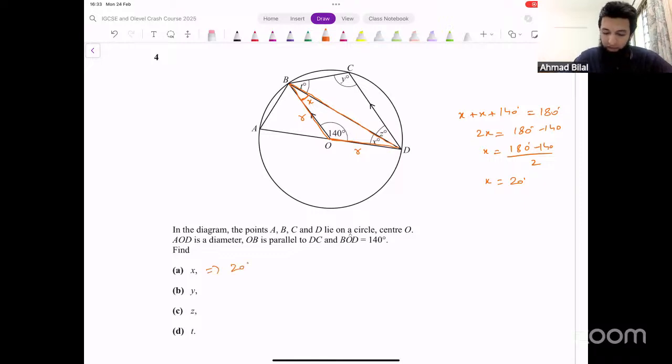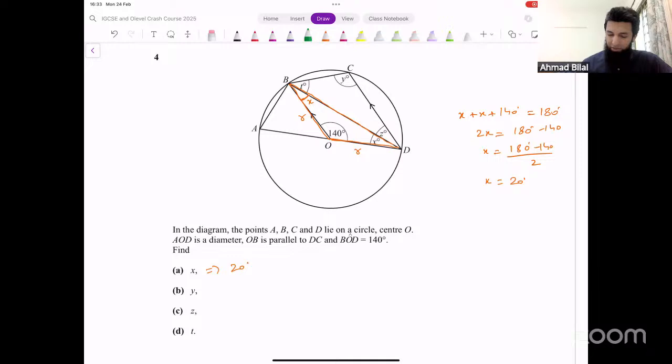What about y now? This angle here. How can we think about this angle y now? Any idea about this angle y? Okay, now there could be multiple ways of thinking about this.